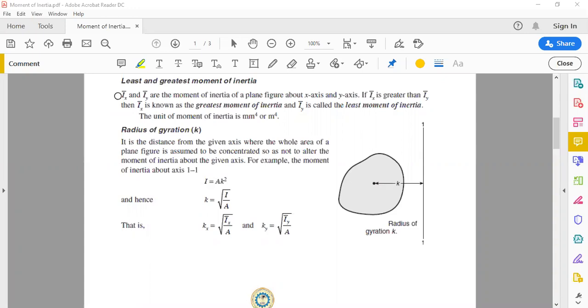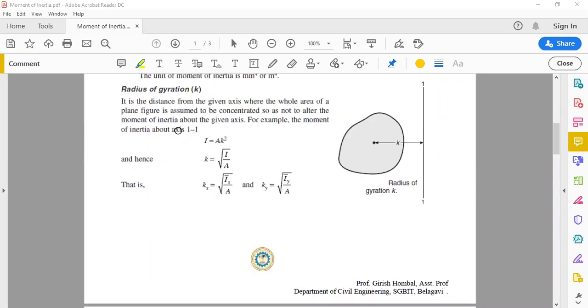So that is what is being given here. If Ixx and Iyy are the moment of inertia of plane figure about x-axis and y-axis, if Ixx is greater than Iyy, then Ixx is known as greater or greatest moment of inertia, and Iyy is called as least moment of inertia. So basically you are going to differentiate the least and greatest moment of inertia based on the values of Ixx and Iyy.